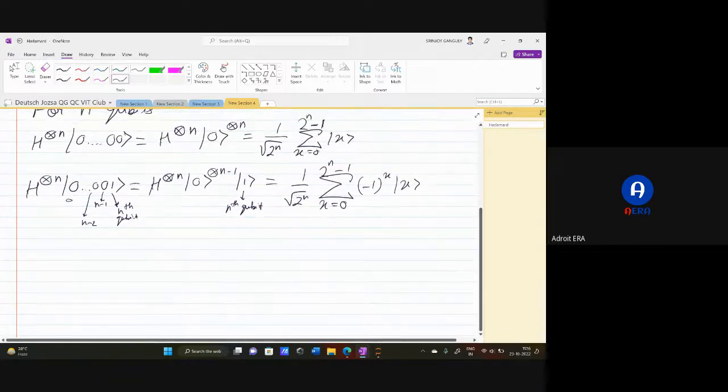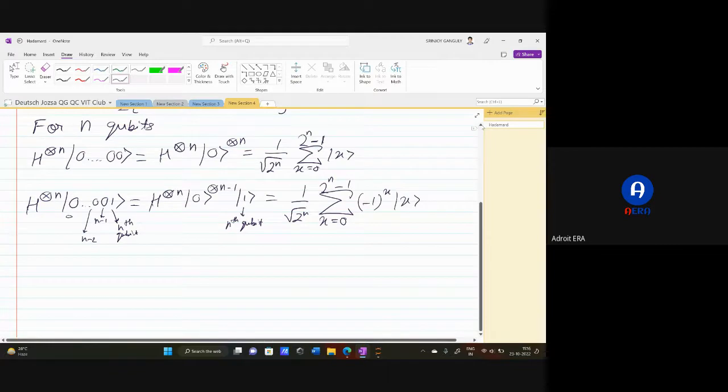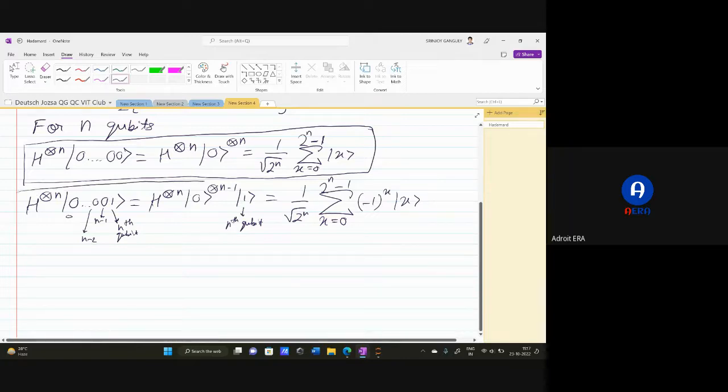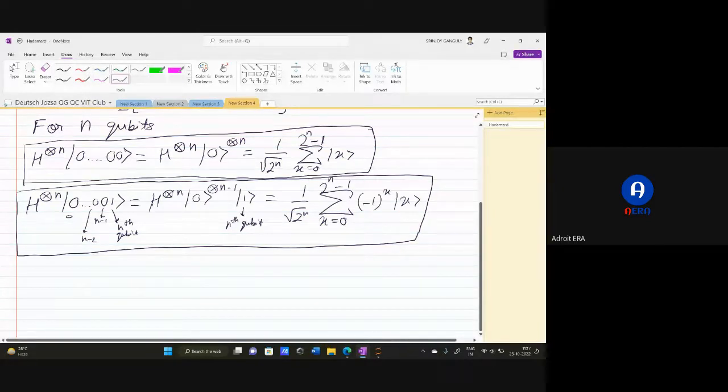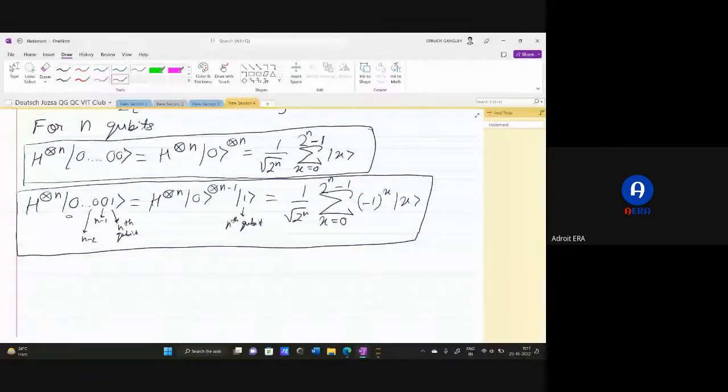I'm going to box them, because these are important compact expressions. Very, very important, because we are going to use this now in the algorithm.